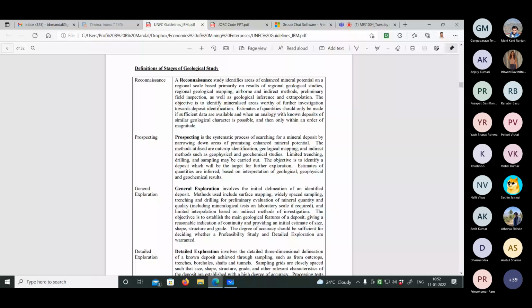That means you see certain areas and from that known area you try to infer and extrapolate what could possibly be the mineral occurrences in other areas. The objective is to identify mineralized areas worthy of further investigation towards deposit identification.